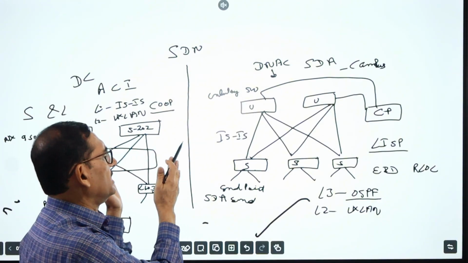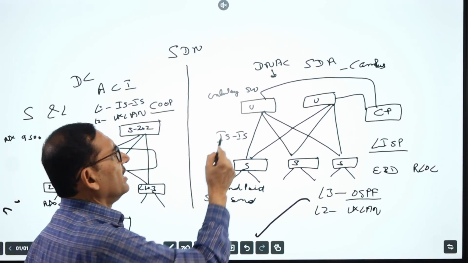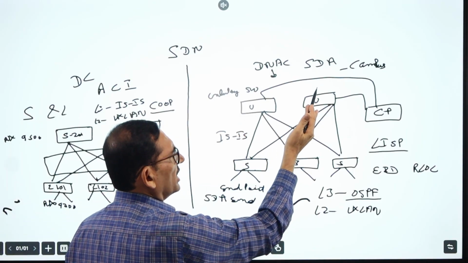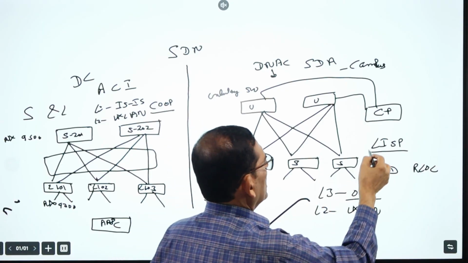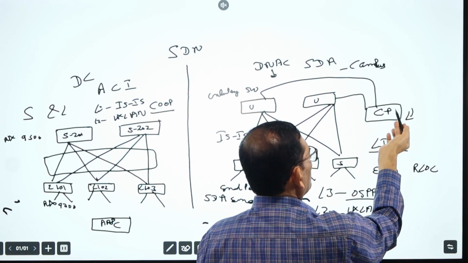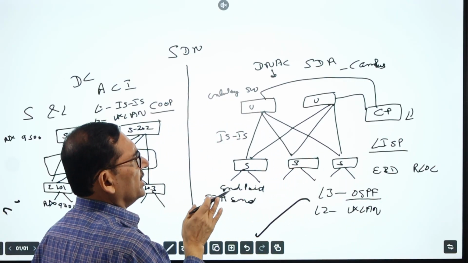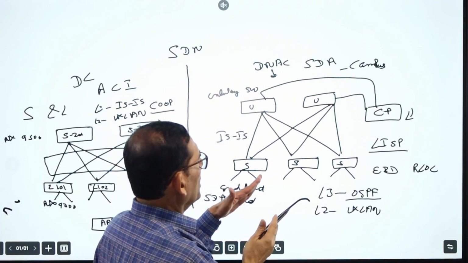So at this point we can say we have the similarities. Certain devices are fixed. In the underlay part, we have the option to use any device. For this control part, here we have the option so that it can also understand the SDA fabric network. So this part we need to remember.